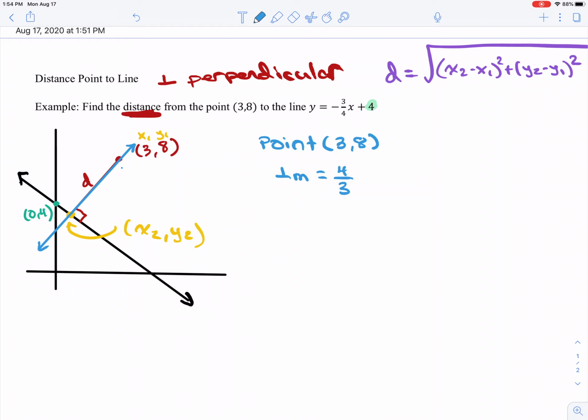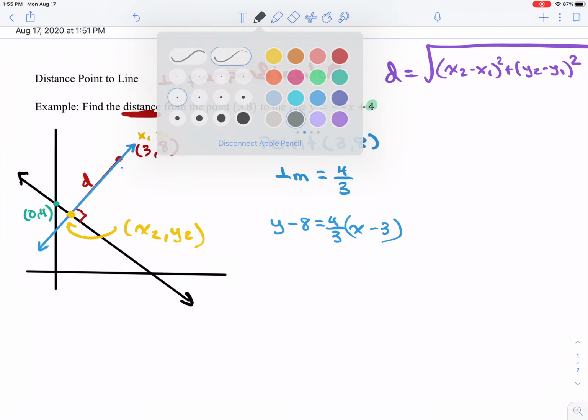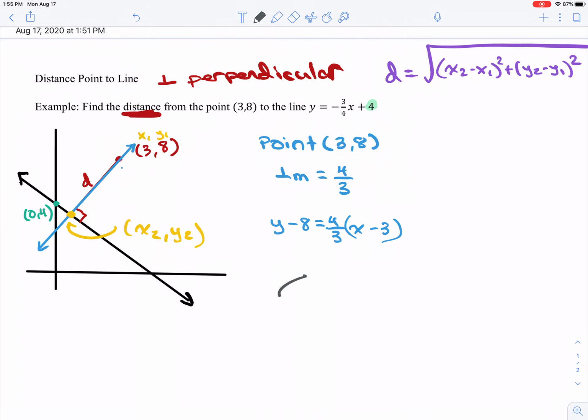So if I write the equation of that line, point-slope form is the best way to go. Which, again, doesn't really help me. I'm trying to find the intersection, this yellow point right here. So whenever you are trying to find where two lines intersect, you're really trying to solve a system.